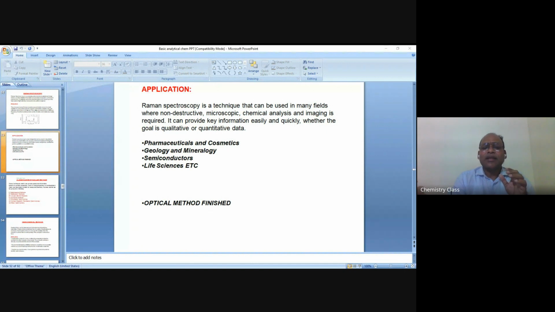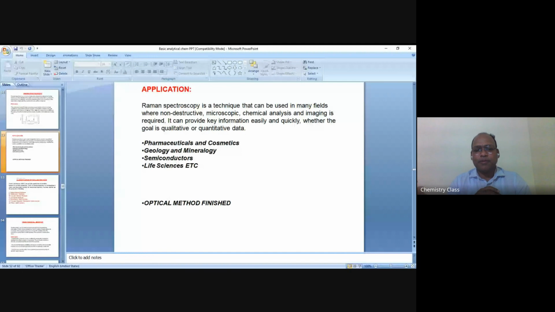If you don't want to destroy the sample, you can use this. It can provide key information easily and quickly, whether the goal is quantitative or qualitative. So where is it important? In the pharmaceutical and cosmetics areas.